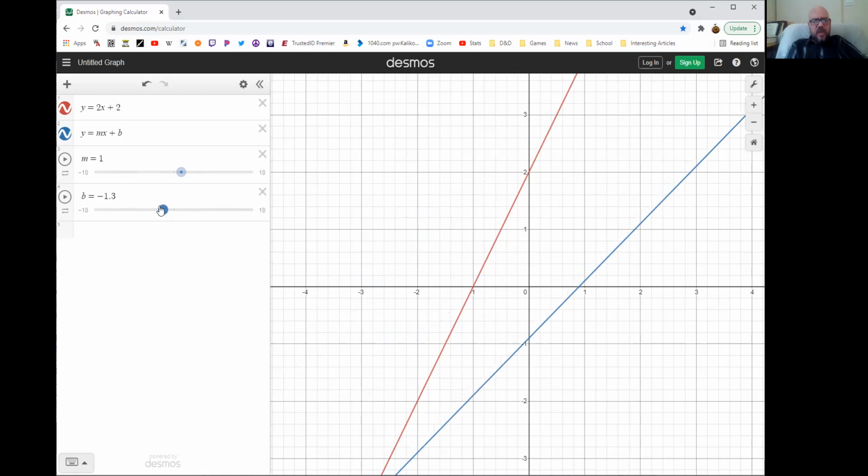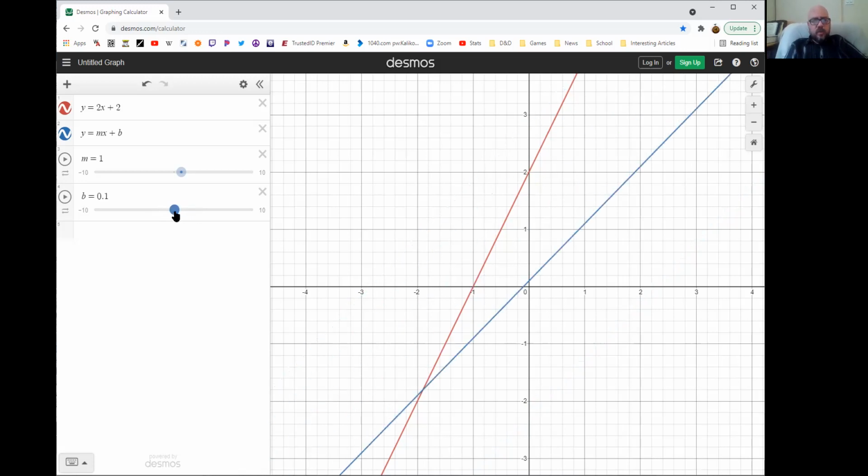So when b is negative 2.2, we can see that the y-intercept is right here at negative 2.2. And when b is 2.9, we can see that the y-intercept is right here at 2.9, just below 3. Let me go put that back to 0. Now my y-intercept is 0, and it goes right through the origin.